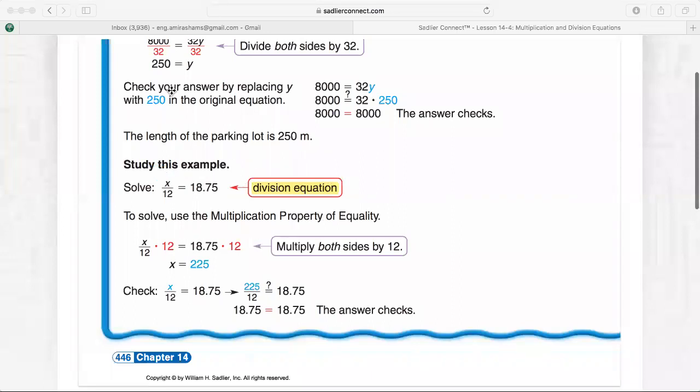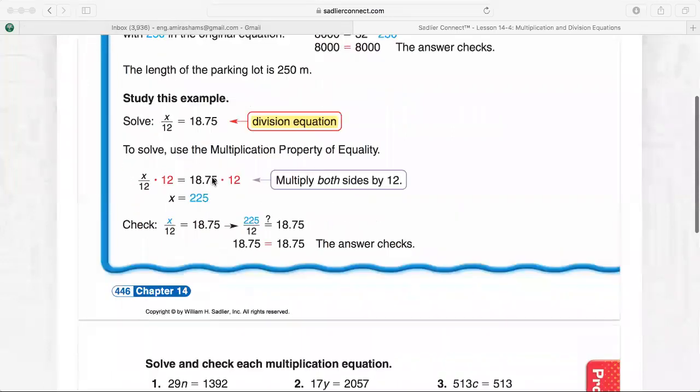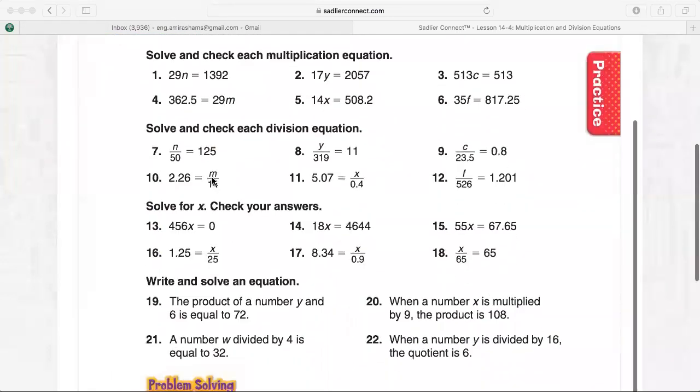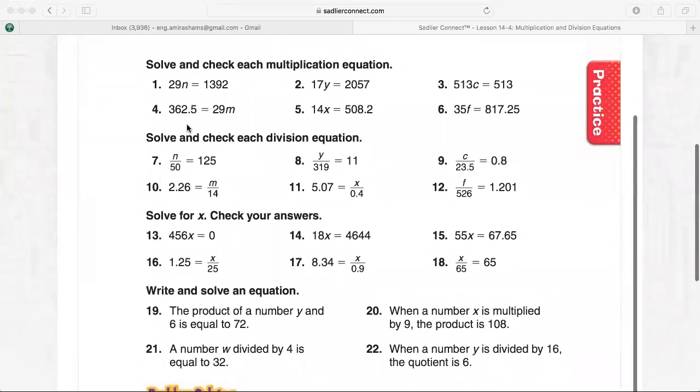Let's answer together. I'm going to answer the first couple of questions, and then I'm going to select some of the students to answer. Number one, I have 29n. 29n means 29 multiplied by n.